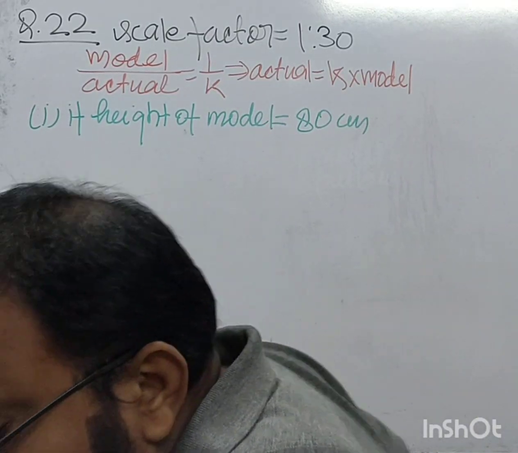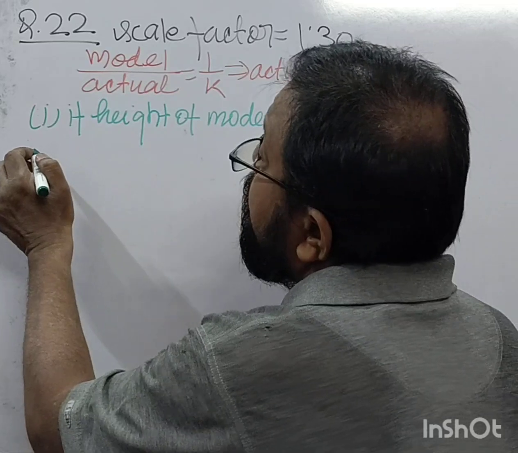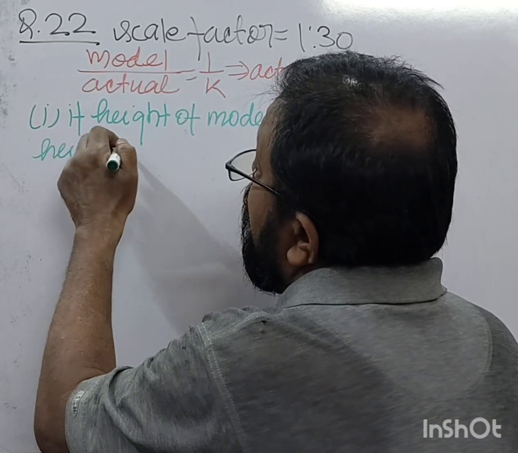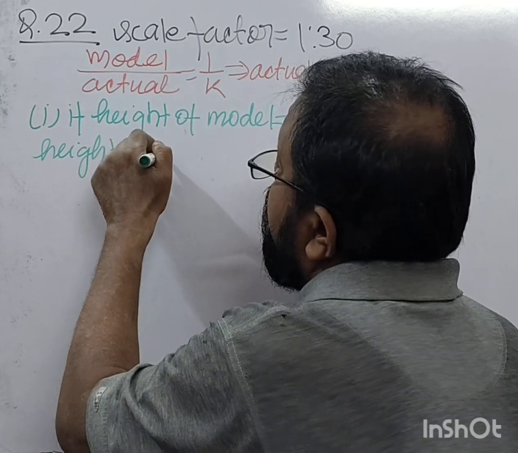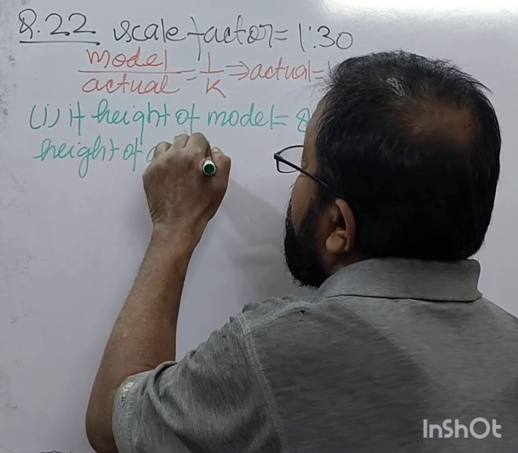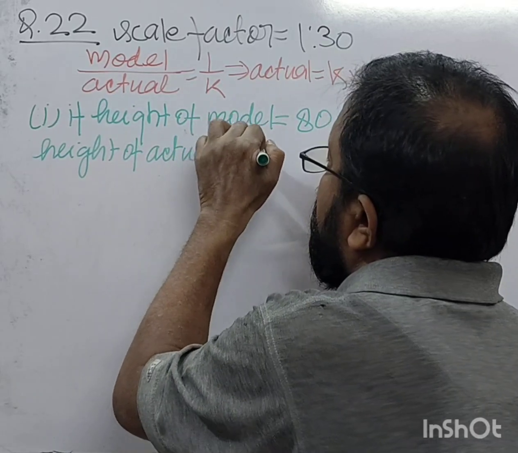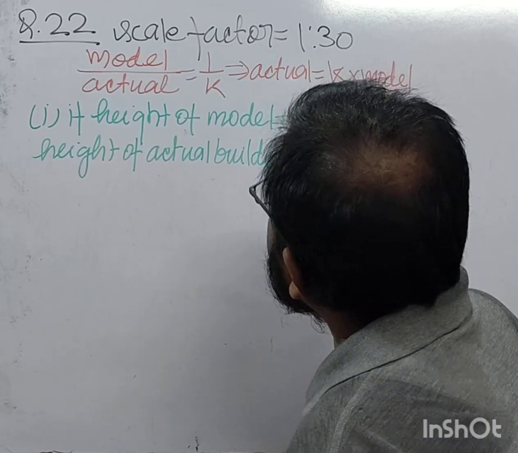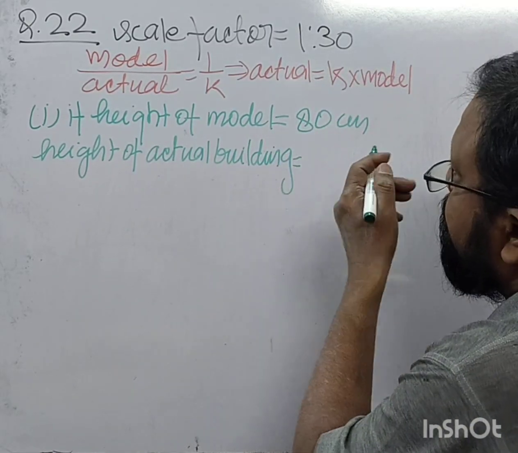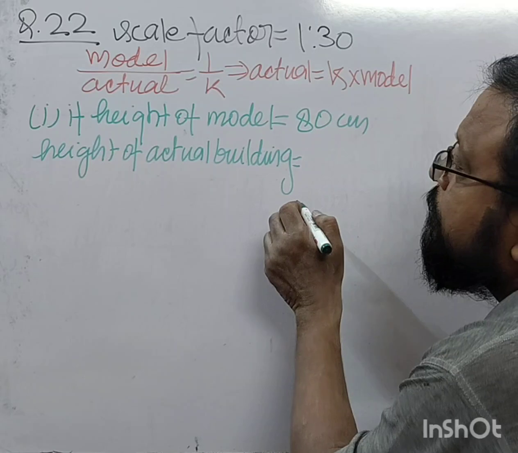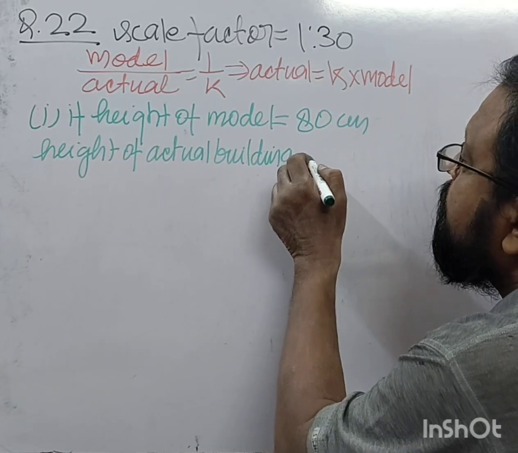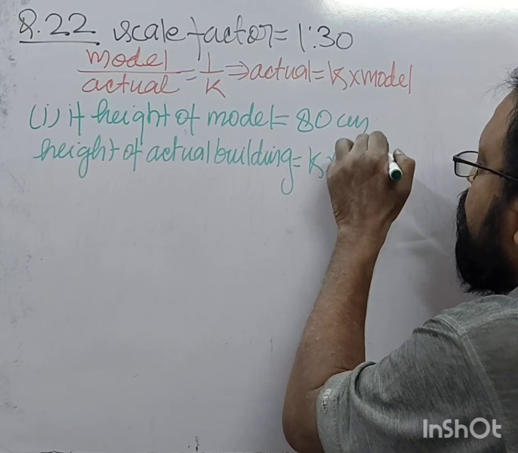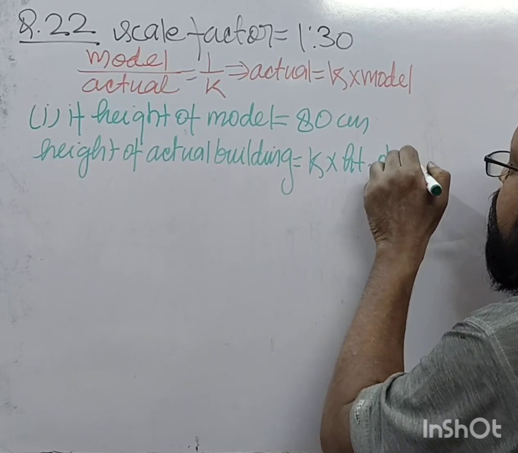So height of actual building is equal to k into height of model.